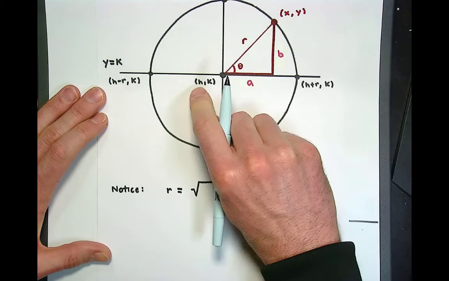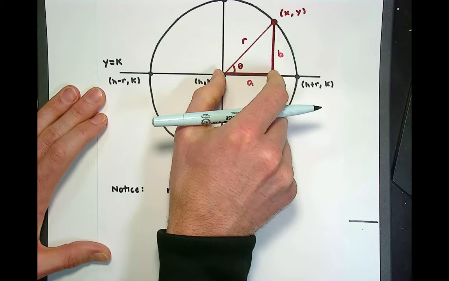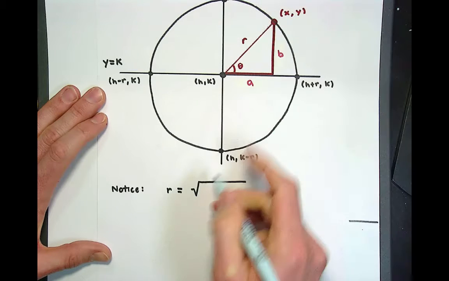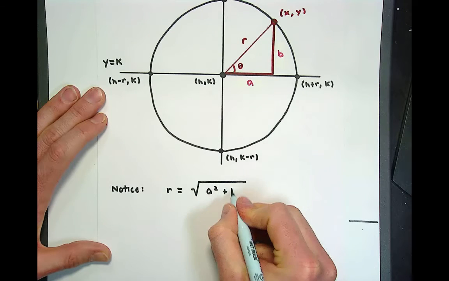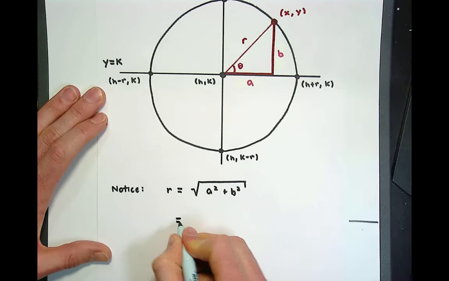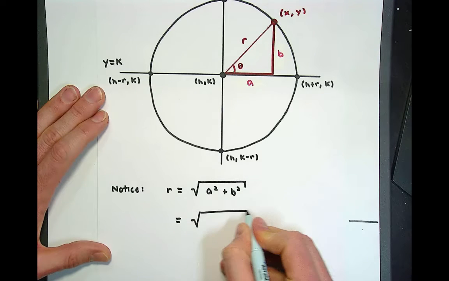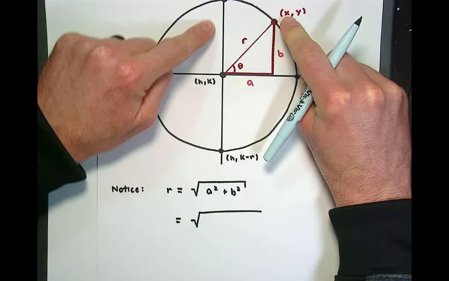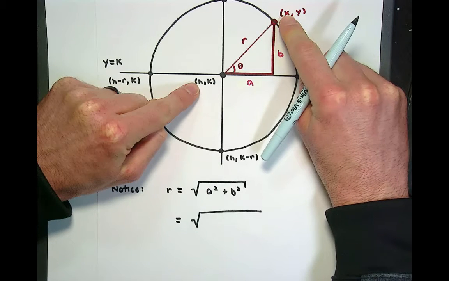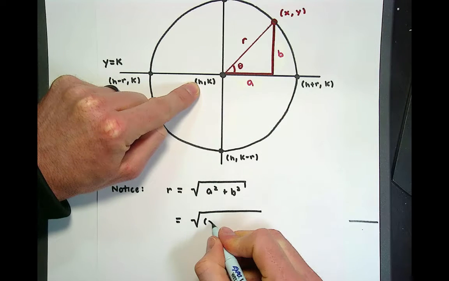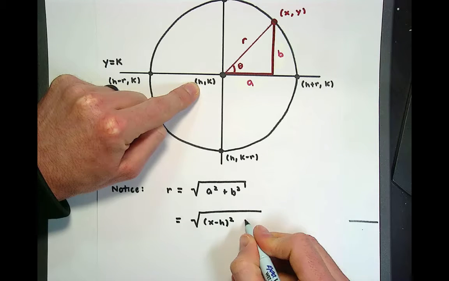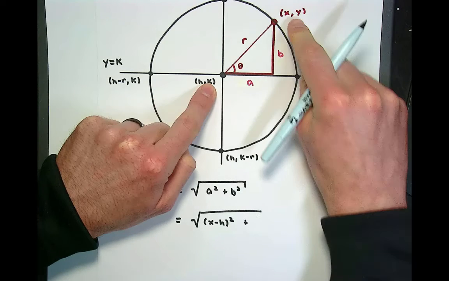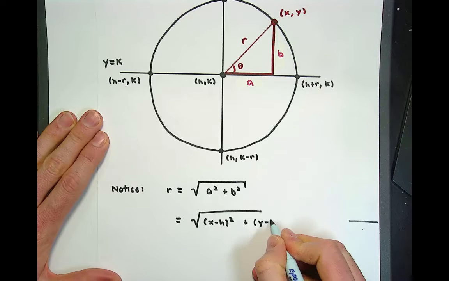So if this is (x, y) and this is (h, k), the length of this is a and the length of this is b. But notice we can actually calculate those lengths explicitly because the difference in x values from h to x is x minus h, and the difference in y values from k to y is of course y minus k.